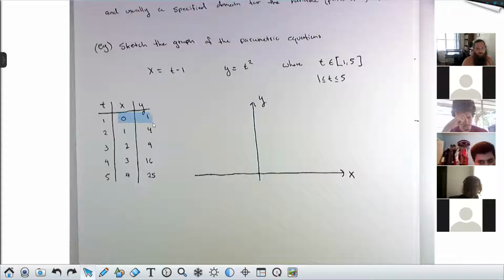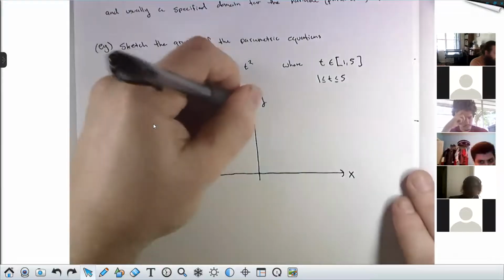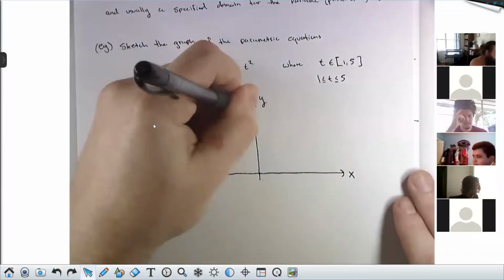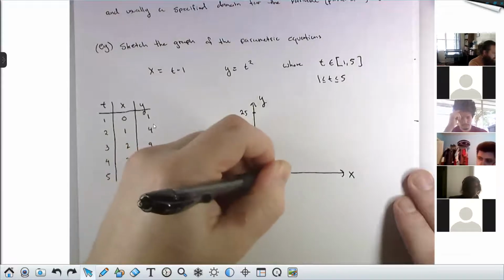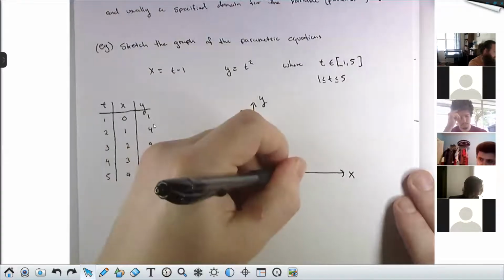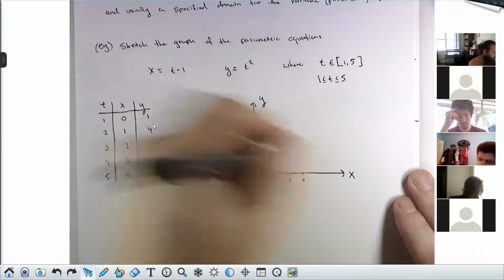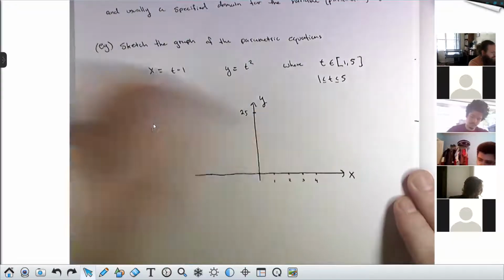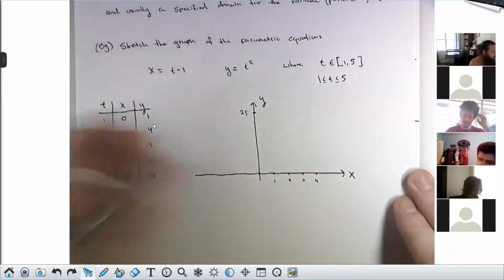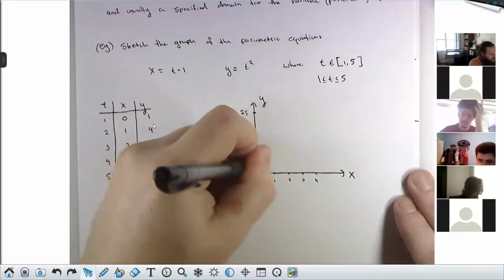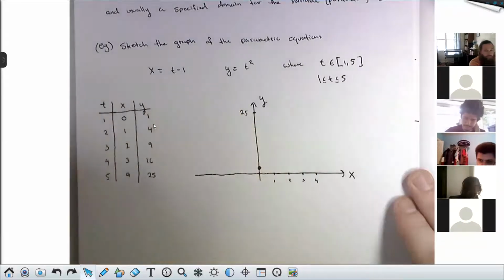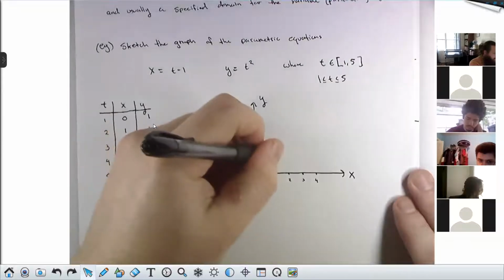All right, so let's start. I'm going to label this up here as 25. I'm going to label this as like 1, 2, 3. How big do we go? Up to 4. So the point 0, 1 would be like right here. The point 1, 4, say it's like right here.